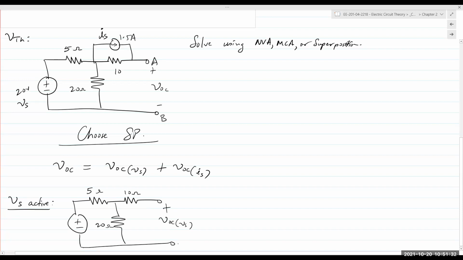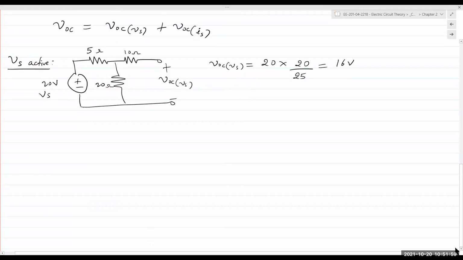And this is VOC due to VS. And VOC due to VS comes out to be 20 times 20 divided by 25. Voltage division, right? 400 divided by 25 gives me 16 volts. Same analysis as the previous circuit, no difference.